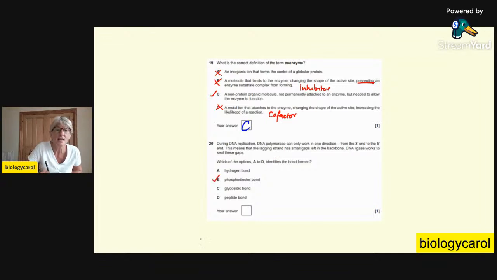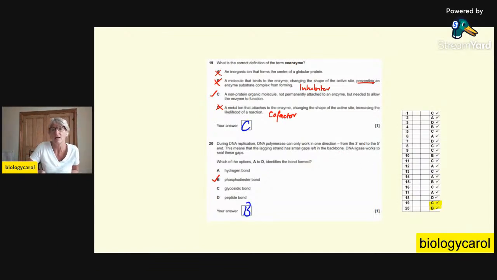So the answer is B. Glycosidic bond is something that holds together monosaccharides in larger carbohydrates. Peptide bond does the same thing with amino acids making proteins, and it's not a hydrogen bond. So the answer is B, and there are the two final answers.